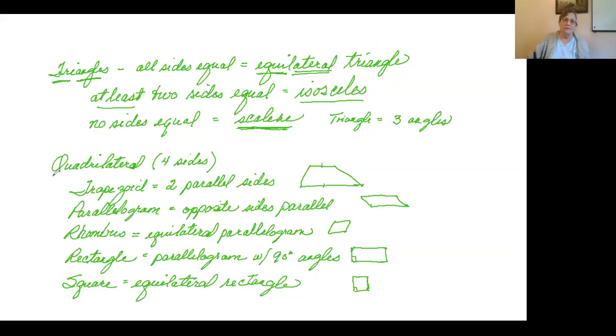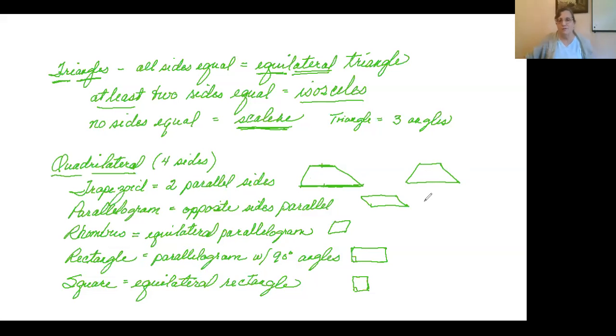A quadrilateral, quad means 4, so quadrilateral has 4 sides. A trapezoid is one in which 2 of the sides are parallel. So the top and the bottom here are parallel. It could be that the other 2 sides are the same size, but they don't have to be.